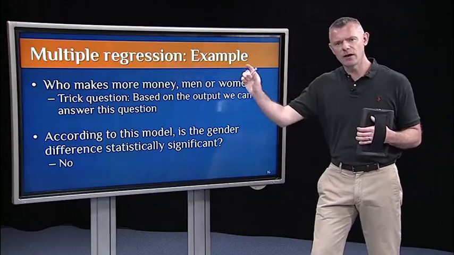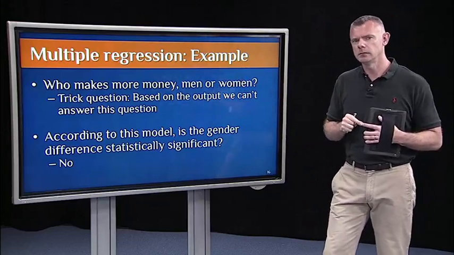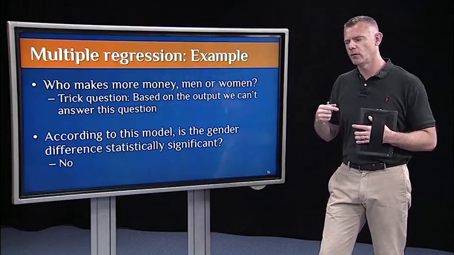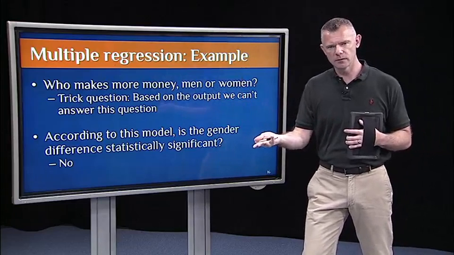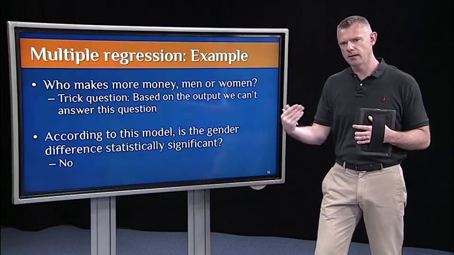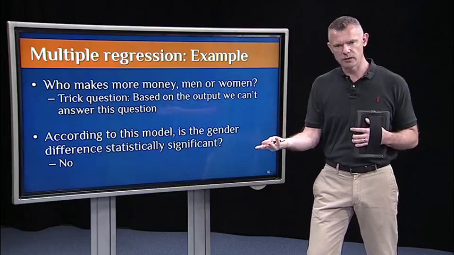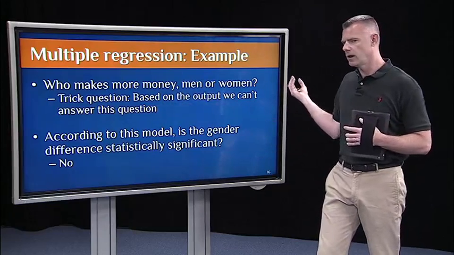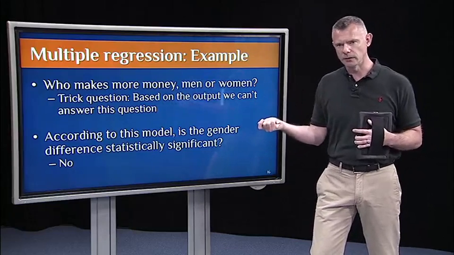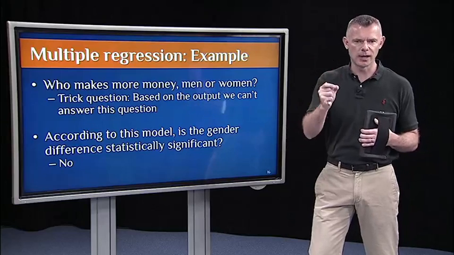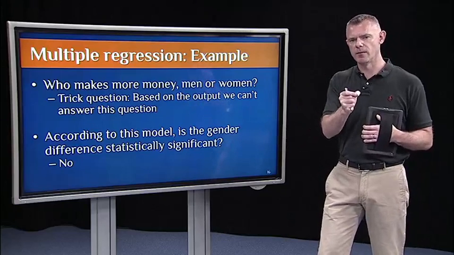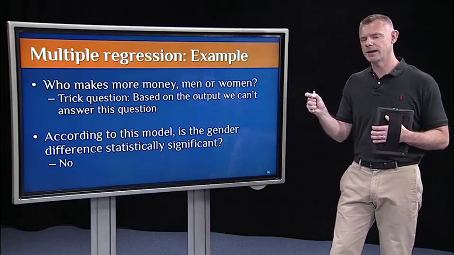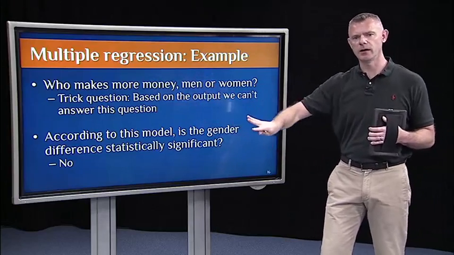but there are other variables floating around in the model, right? That's the difference between men and women for an average number of years since the PhD and an average number of publications. So who makes more money, men or women? I don't know, actually, because I didn't look at just average salary for men and just average salary for women. I looked at it in the context of these other variables.